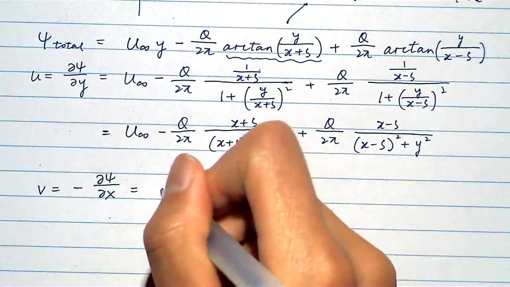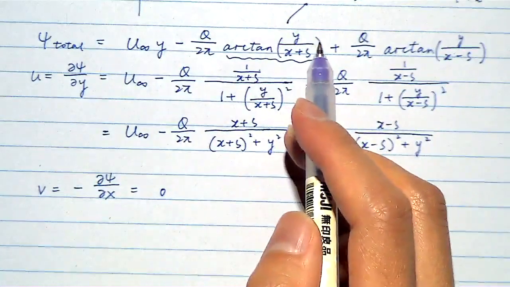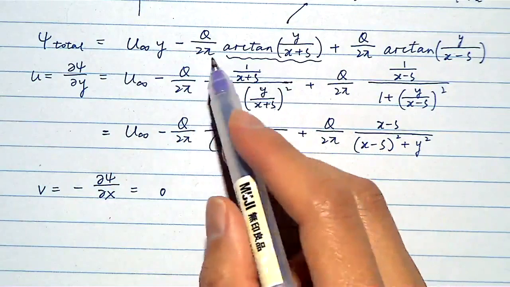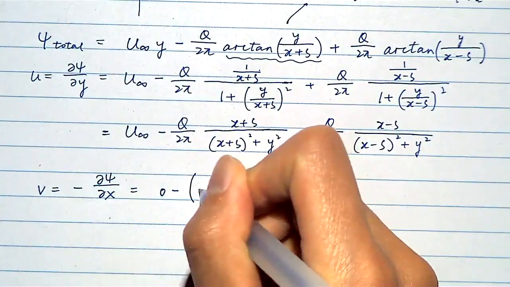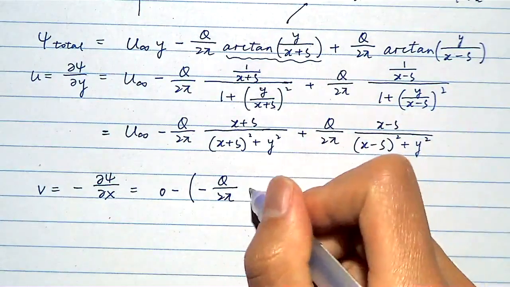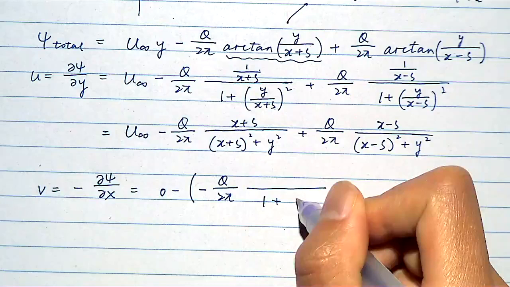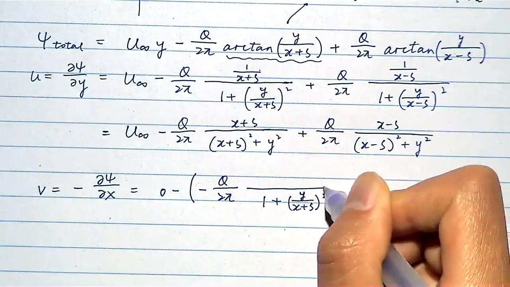The first term goes to 0, okay? And the second term, don't forget the negative sign, minus q over 2 pi, and differentiate that, 1 upon 1 plus (y over x plus s) squared.